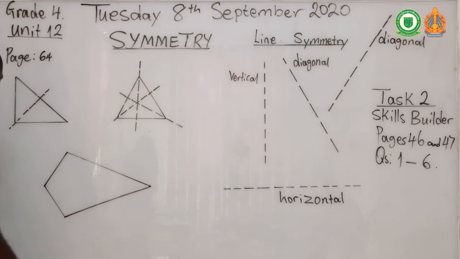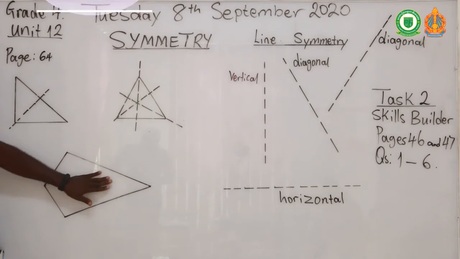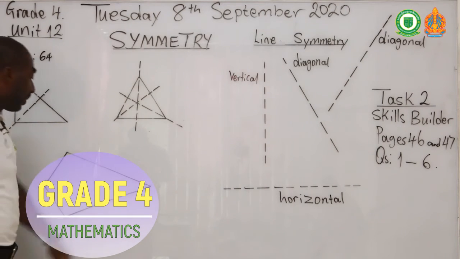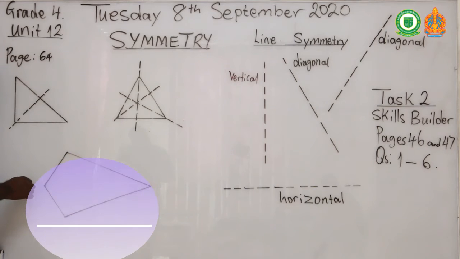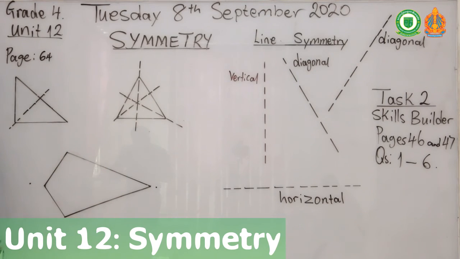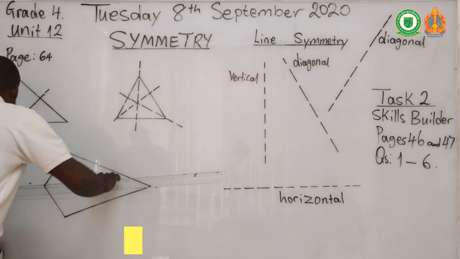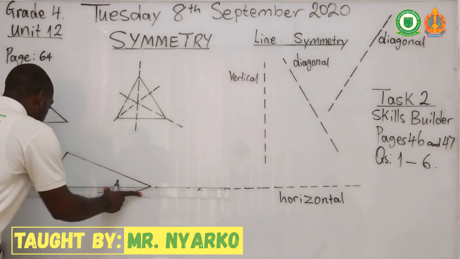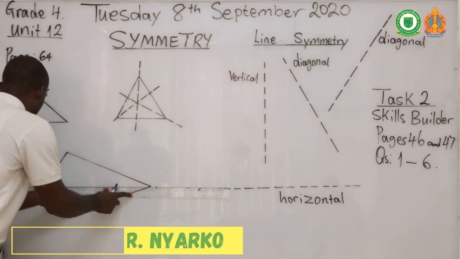Okay, now let's see this diagram. The only way we can put a line of symmetry is when we stand here and then we go here. That means it can only have one line of symmetry. So we will stand here and then we will put our line of symmetry there.